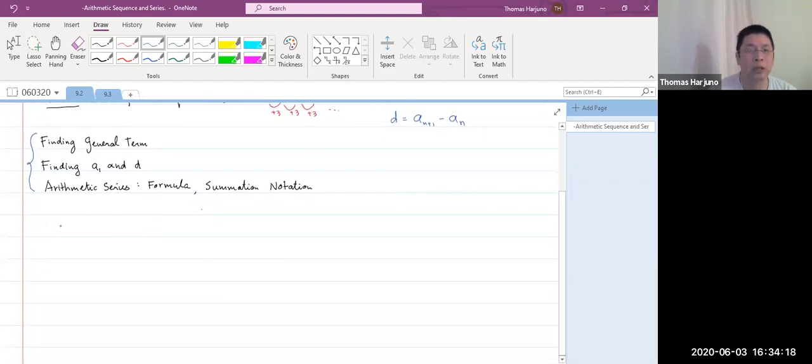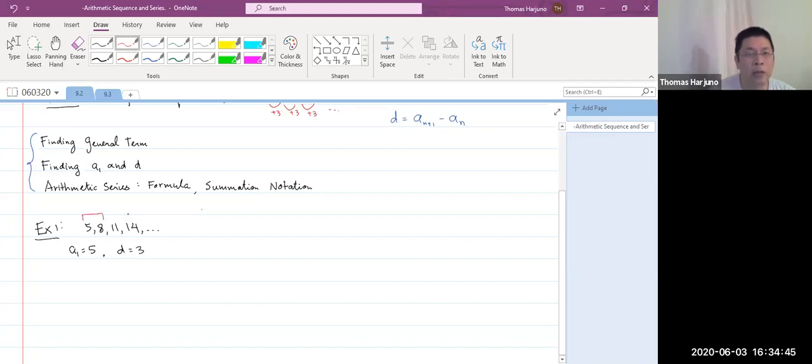Let's say, for example, the one we have earlier: 5, 8, 11, 14, and on. Notice that the first term is 5, and the common difference is 3. Make sure when you see the common difference, don't check only one pair.